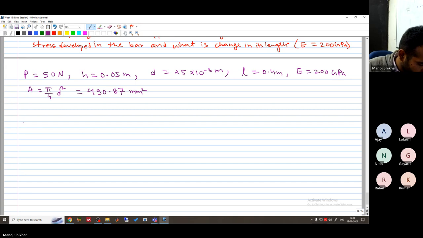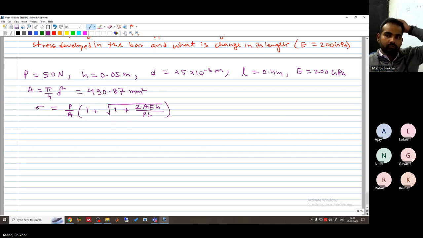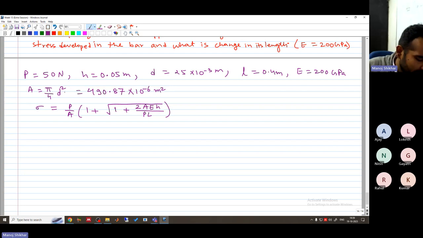So use the formula sigma equal to P by A into 1 plus square root of 1 plus 2AEH upon PL. You have to understand that you can put in any units you want. Depending upon your units, you will have to convert in the end.